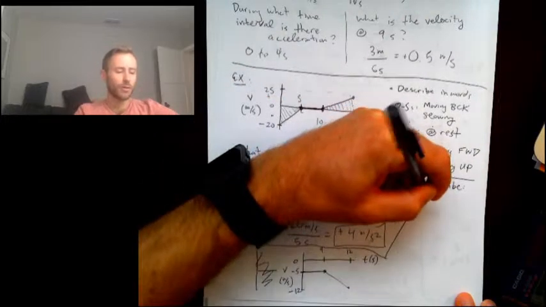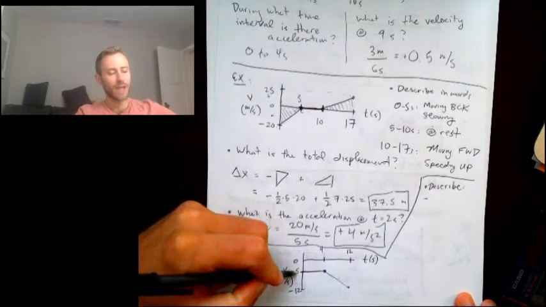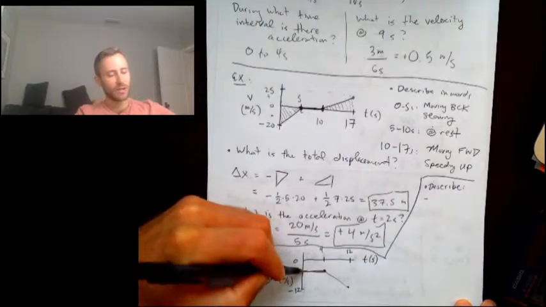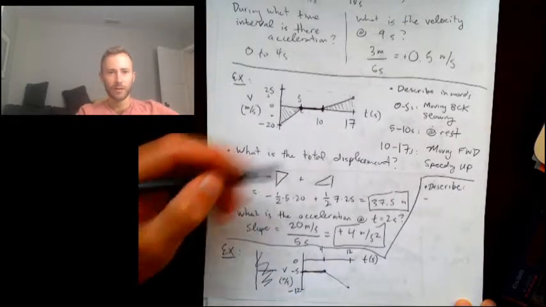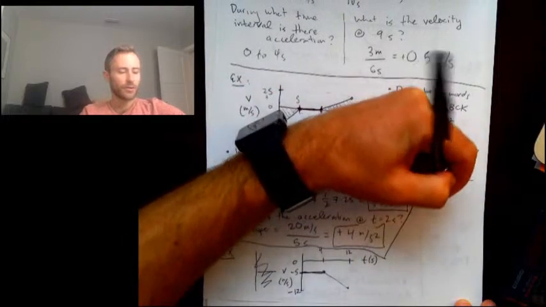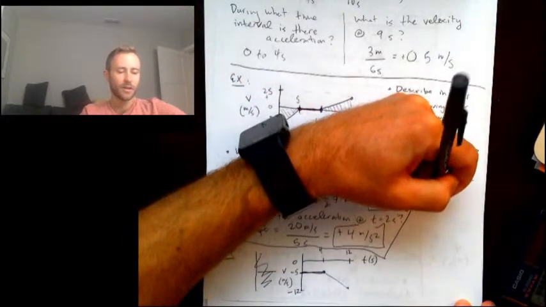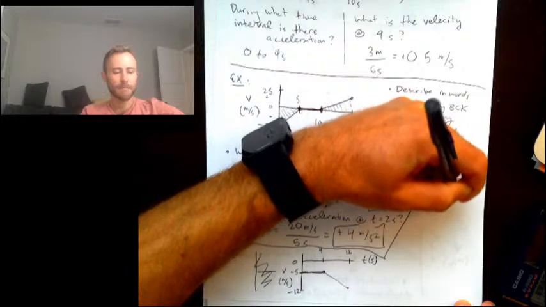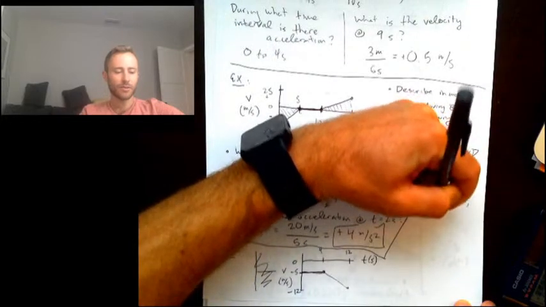In that first part, we can see that the velocity is negative, so it's moving back, but it's staying steady at -5. So for the first segment, we have a particle that is going backwards at a constant speed.